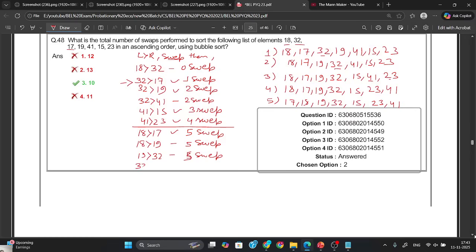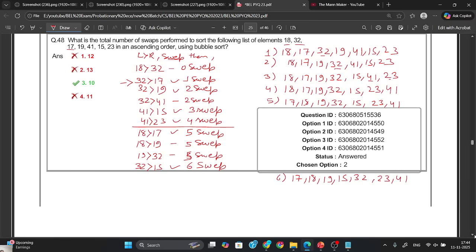Then we compare 32 and 15. Here it is satisfied, so we do the sixth swap. In the sixth swap it will be 17, 18, 19, then 15 comes first, 32 goes this side, and then 23 and 41.